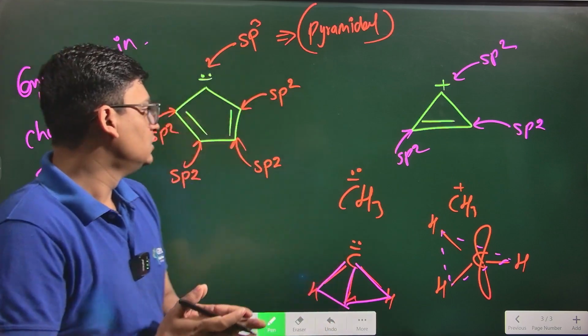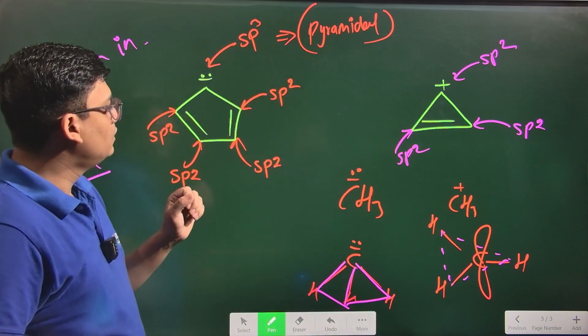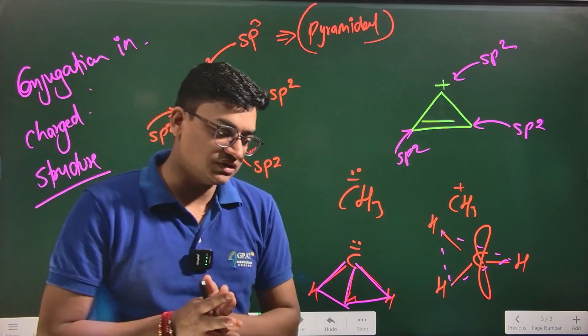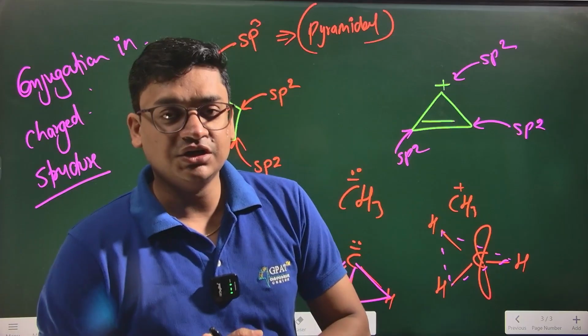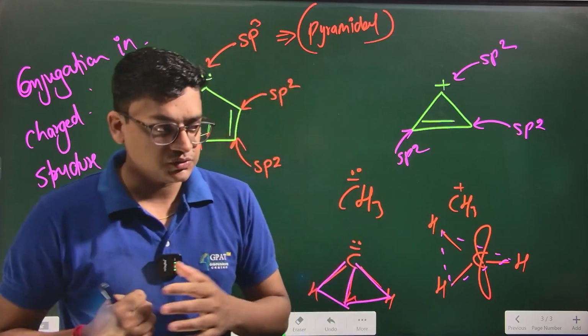All right. So now let's get started with the fourth and last condition for a compound to show aromaticity, that is Hückel's rule.